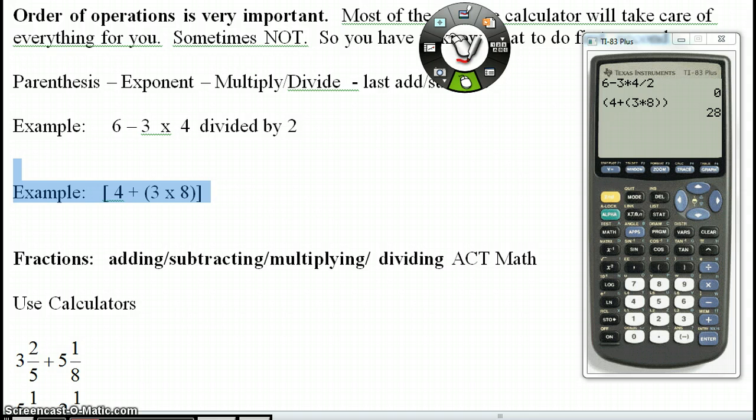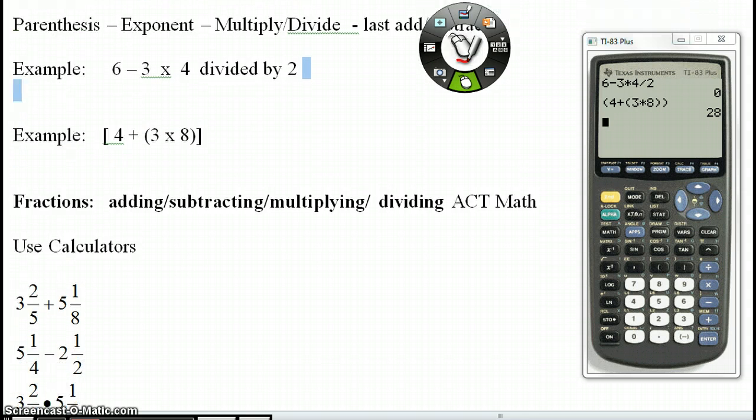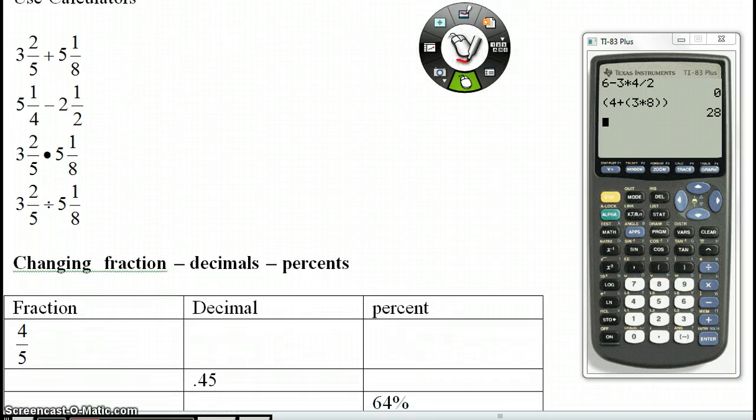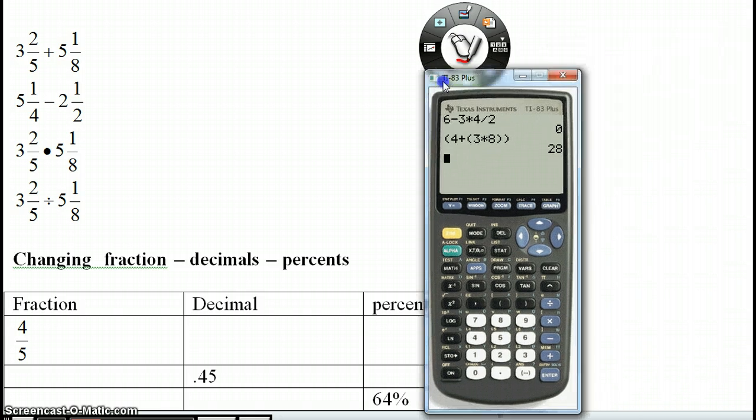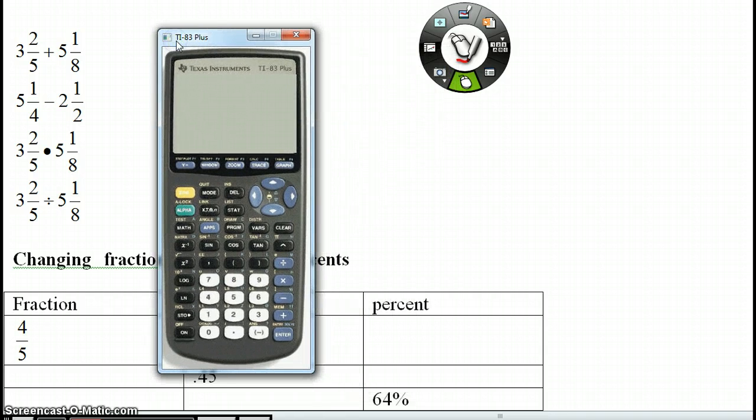But when we talk about using these on the ACT, we're going to want to get to things the fastest, quickest, easiest way, which is probably with the calculator.